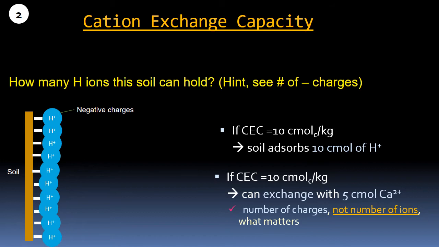If that ion has 2+, then it will be fewer than in the case of having an ion with +1.